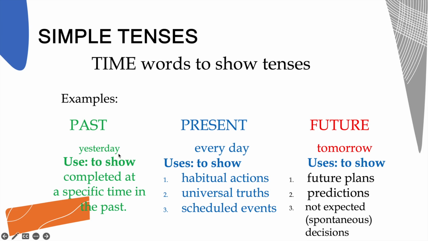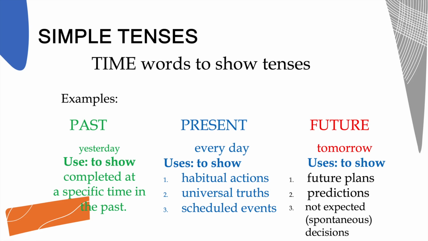The present tense is used to express habitual actions, actions that are part of your habit, that you constantly do. It is also used for universal truths, anything that is always true, and for scheduled events. You remember the time word every day. It shows habitual action, those that you always do or that are part of your daily activities.